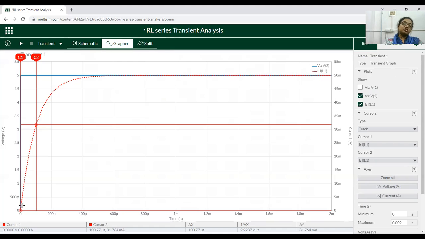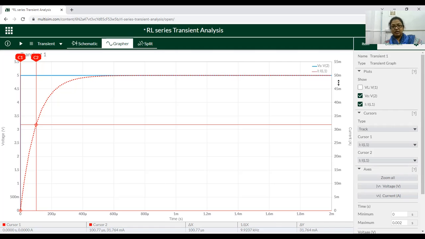And as we know, the time constant of a growing curve is the time to reach 63.2% of the final value, which is 50 milliamperes here. First we have to find 63.2% of 50 milliamperes.